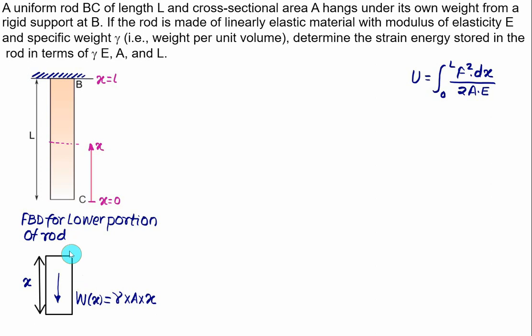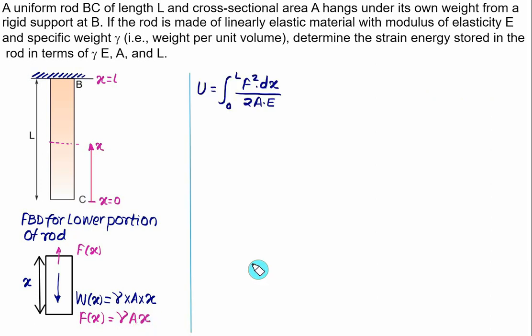So this weight will be responsible for the force here. So we have force F, which is again a function of x. So by equilibrium, F of x is the same as W of x. So in this case we have F of x, that is the force, which is variable, given as gamma multiplied by A multiplied by x.